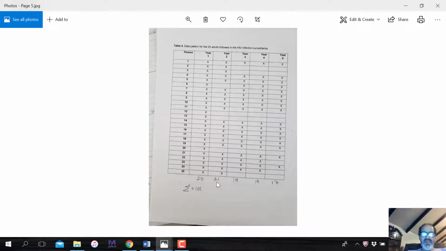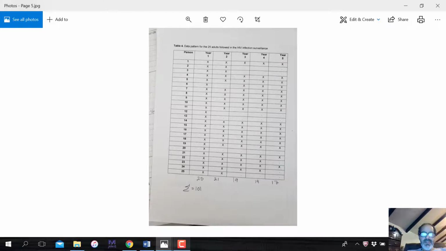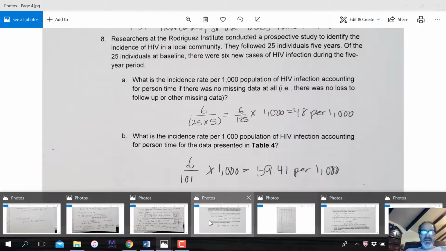So 25 minus 4 is 21. The first year we have 25, second 21, third 19, fourth 19, and fifth year 17. This is more realistic, but I'm going to ask you both of those, so you need to be able to answer both.